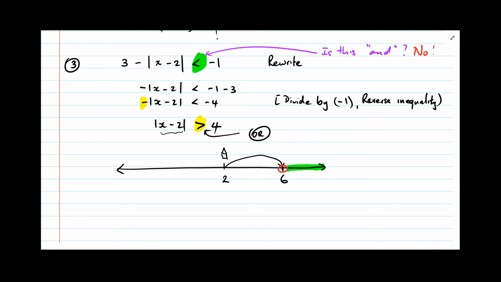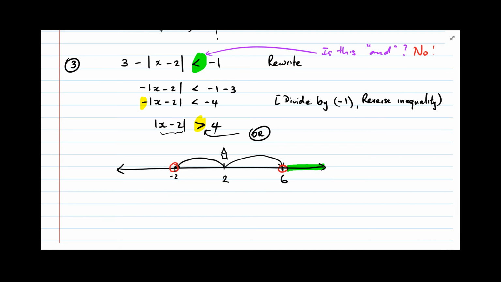Next, if I look at the other side and I move 4 units to the left, I would end up at -2, but I want to actually go more than 4 units, so it's an open circle. Sorry about that. So if we went 4 units to the left, you'd have -2. It's an open circle because of the inequality.